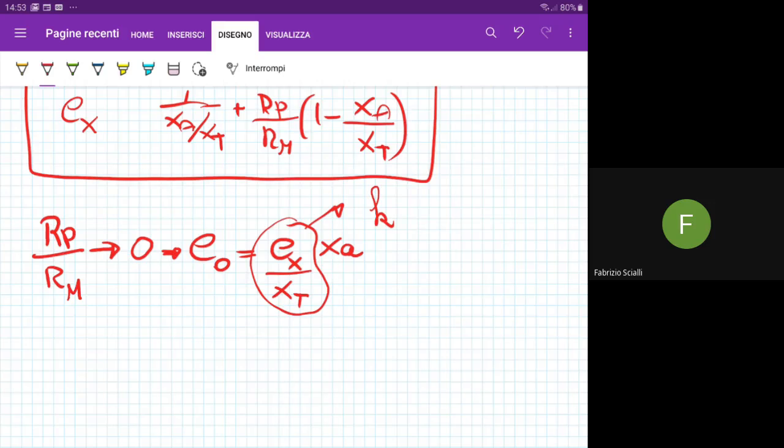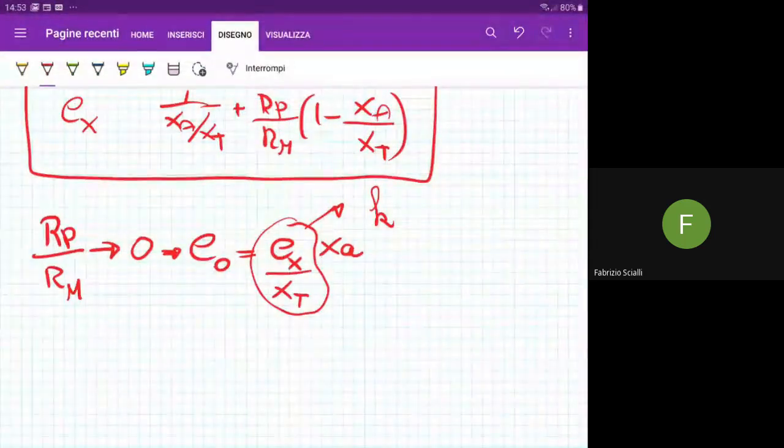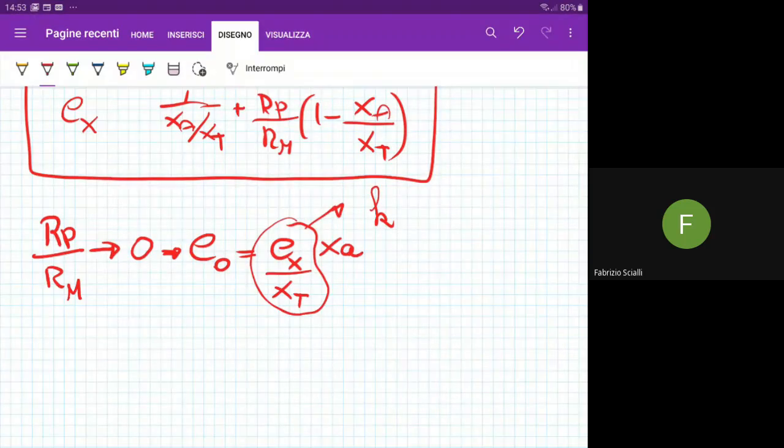I would like to stress what it means, generally speaking, larger, smaller, longer, shorter. You have to be sure to stick to some reference quantity. So for this circuit, for this transducer, the potentiometer, the reference quantity is the potentiometer resistance.